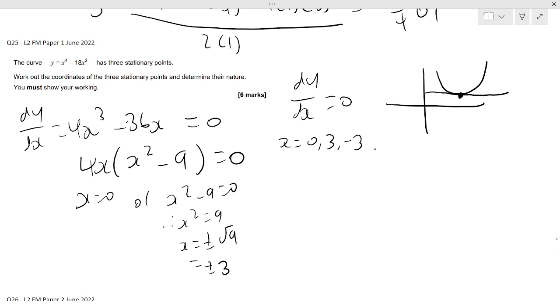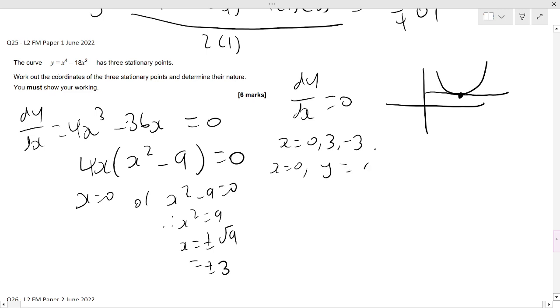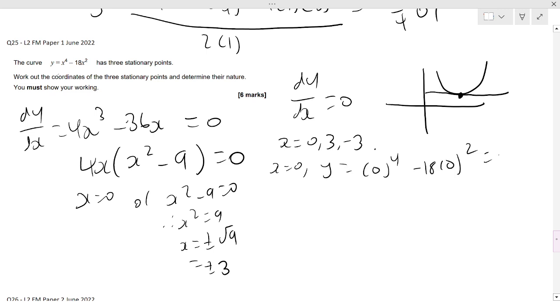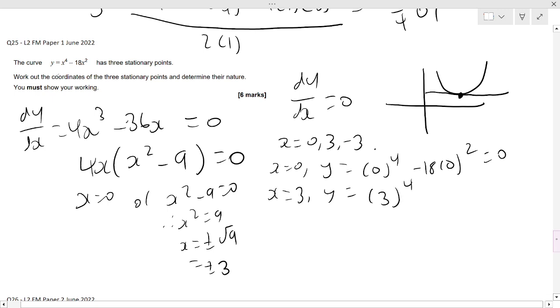Okay. Well, we need to find the coordinates. So we need to find the y coordinates as well. So that means when x is 0, y is equal to 0 to the 4 minus 18 of 0 squared, which should be 0. When x is 3, y would be positive 3 to the 4 minus 18 times 3 squared.